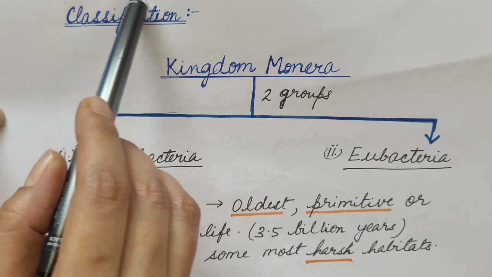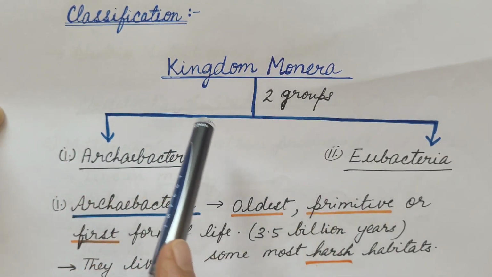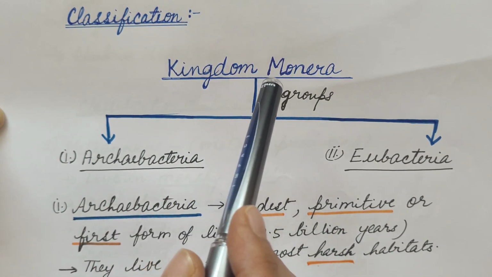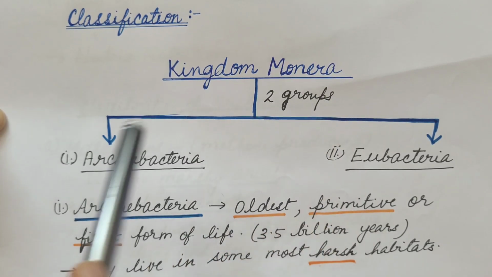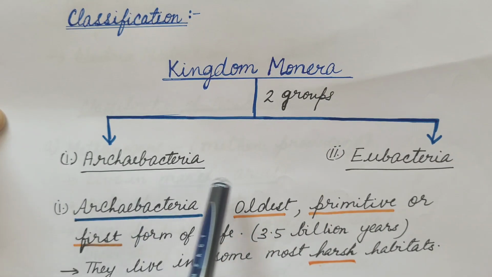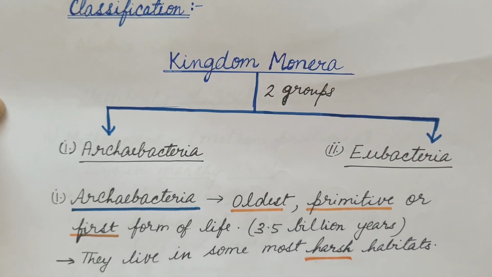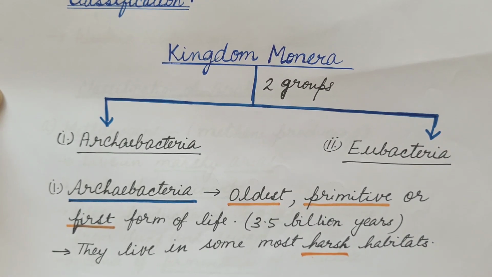Now, the classification of the Kingdom Monera. Kingdom Monera is divided into 2 major groups. First is Archaebacteria and the second is Eubacteria. Now, let us see them one by one. First is Archaebacteria.